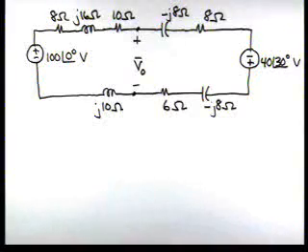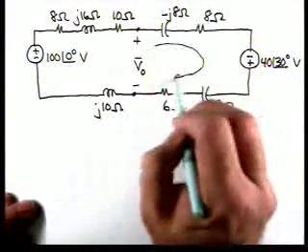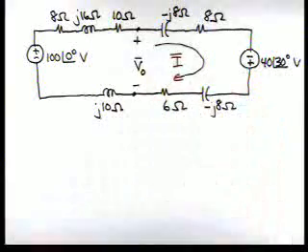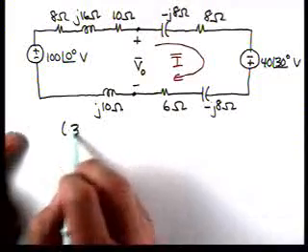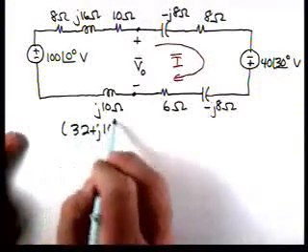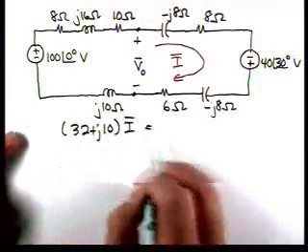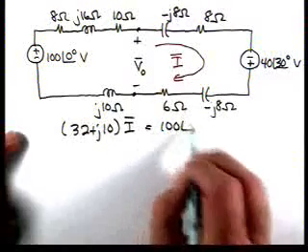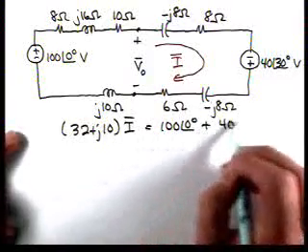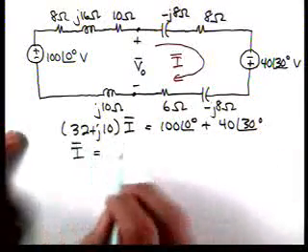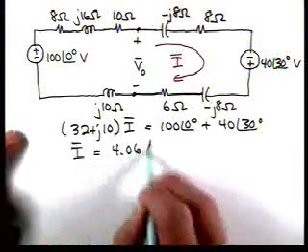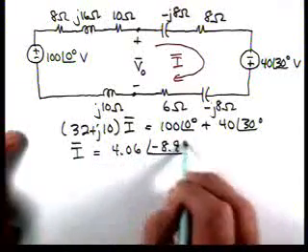Again, this is a single loop circuit, so we can define a current I, and if we apply KVL, we'll have 32 plus j10 times I is equal to 100 at an angle of 0 plus 40 at an angle of 30. And it tells us that I is equal to 4.06 at an angle of minus 8.9 degrees.